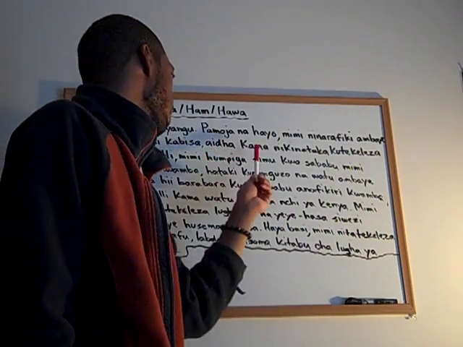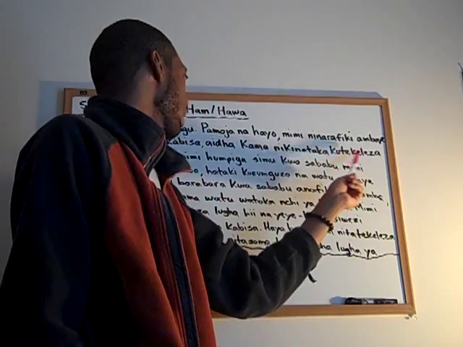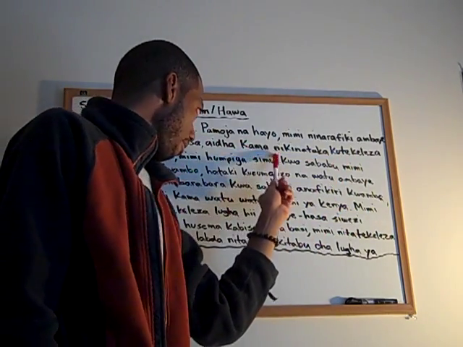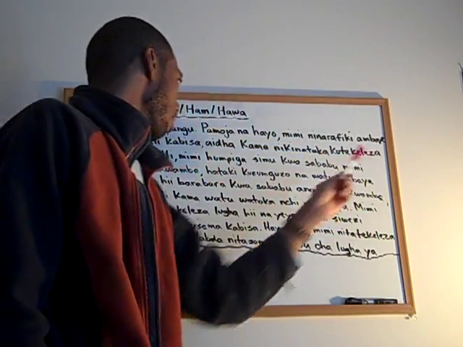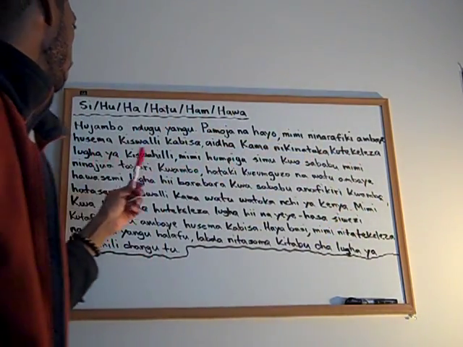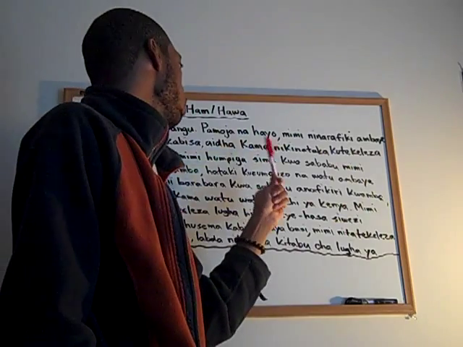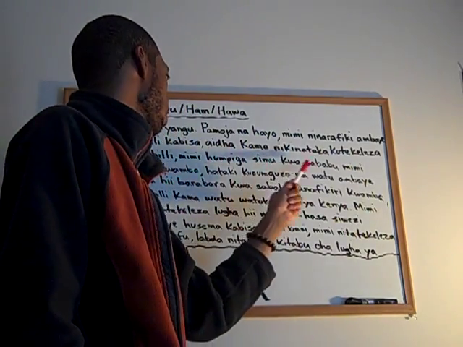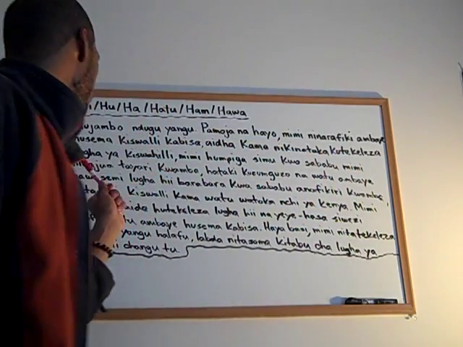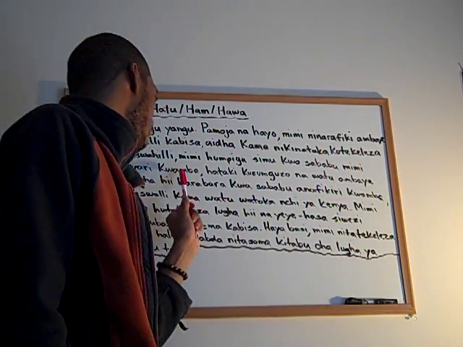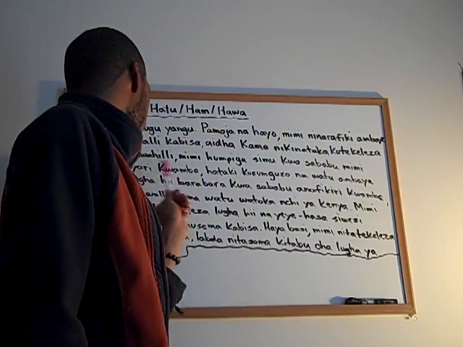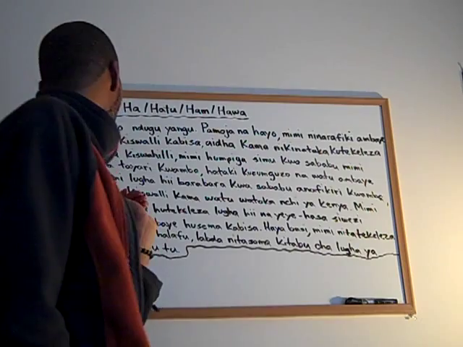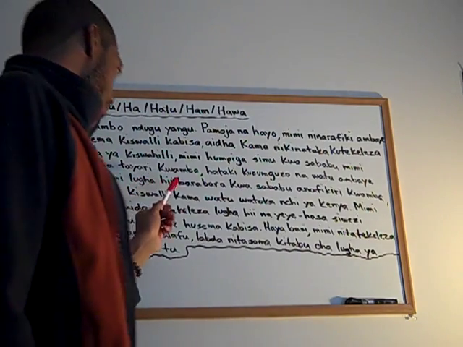Aidha, moreover, kama nataka kutekeleza lugha ya Kiswahili, if I want to practice the Swahili language, mimi humpiga simu. I call him kwa sababu, because mimi ninajua tayari kwamba, I know already that hataki kuzungumza na watu ambaye hawasemi lugha hii.